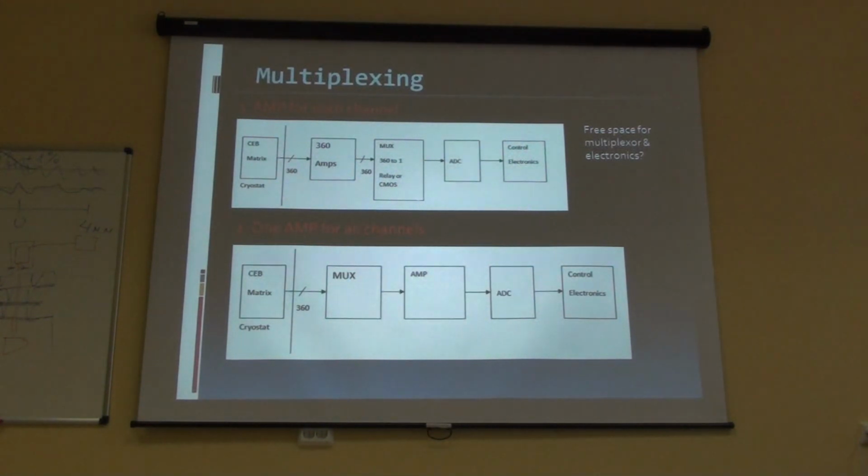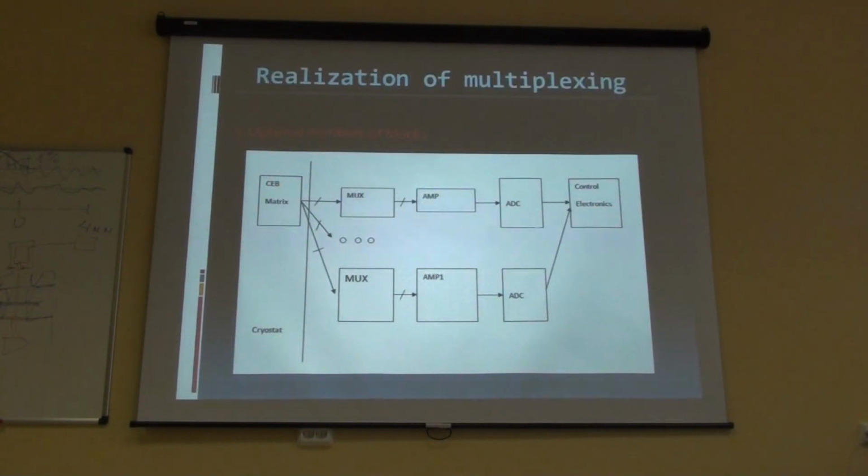But how often do you have to multiplex the system? This is the question in the next slide. Okay, so here is clear. The next slide, please. Here is some possible compromise solution.